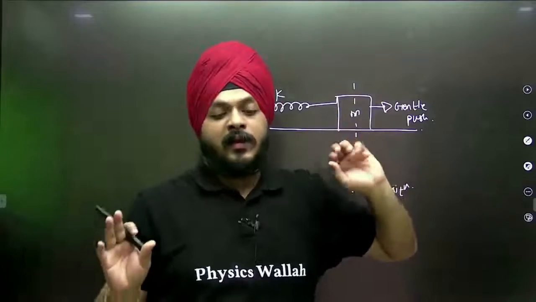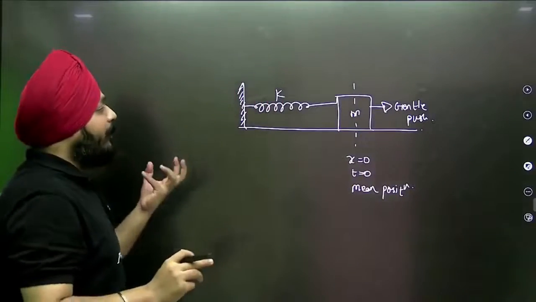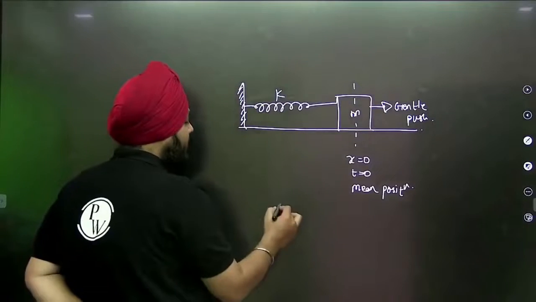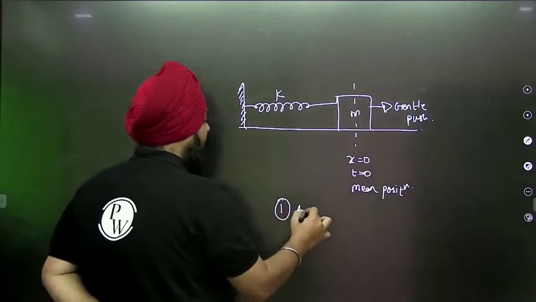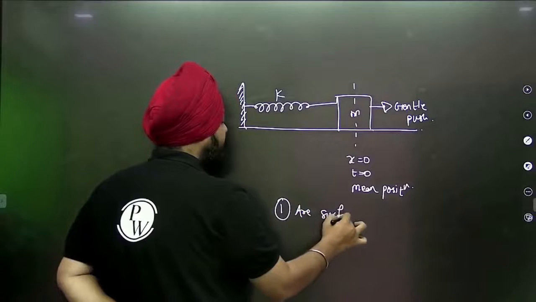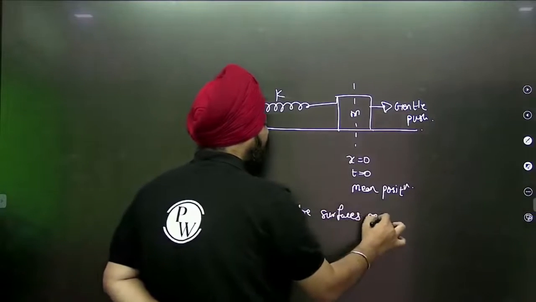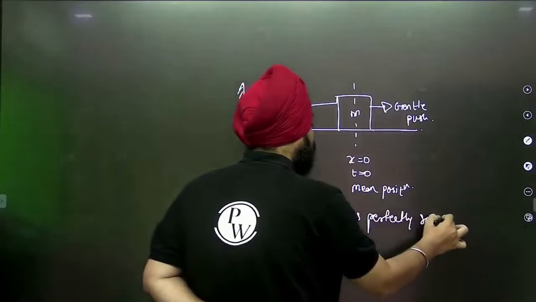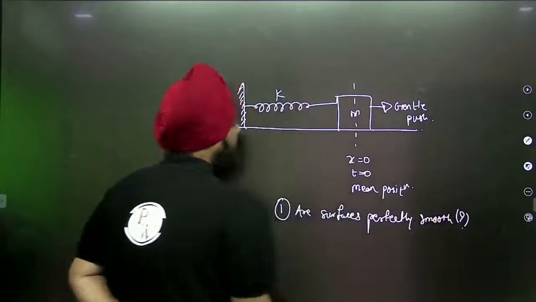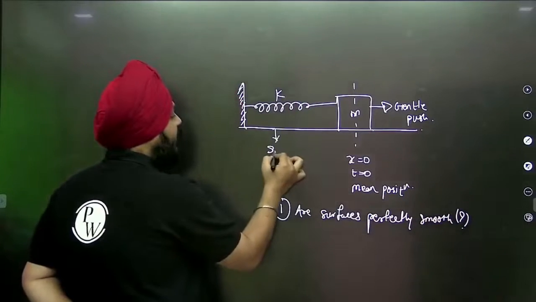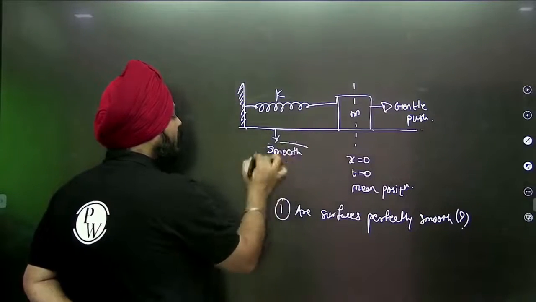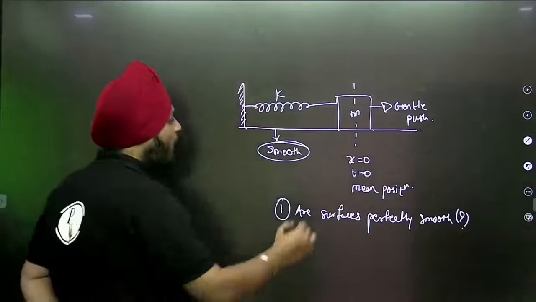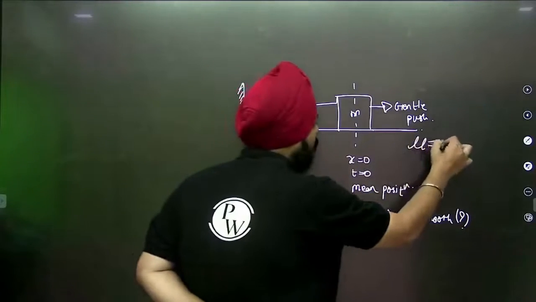But if I'm talking about practical terms, first, are surfaces perfectly smooth? In the beginning part of the session, we considered the surface as smooth. Practically, is it possible for any surface that mu is 0?